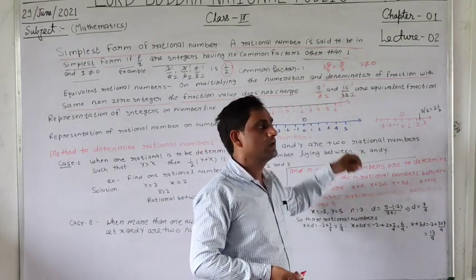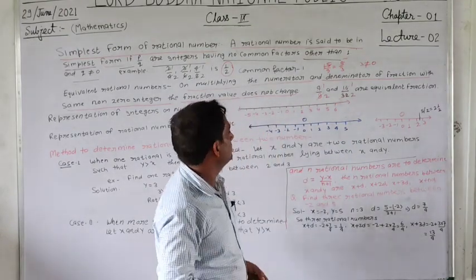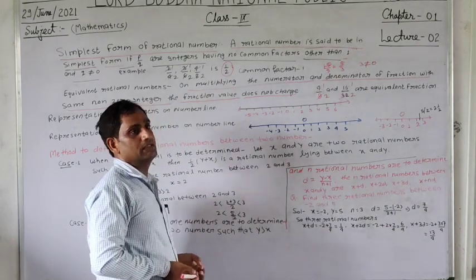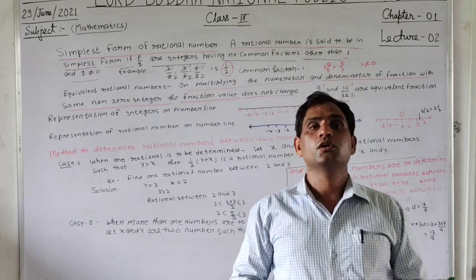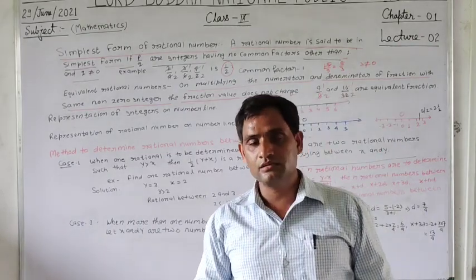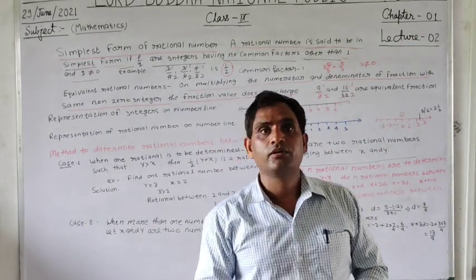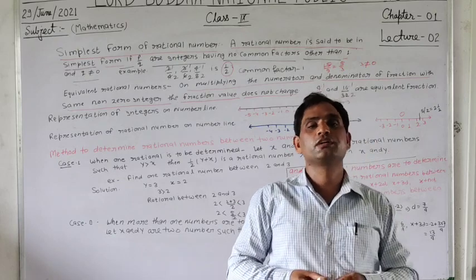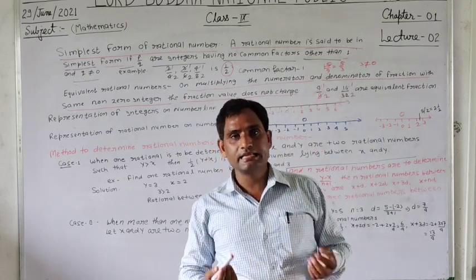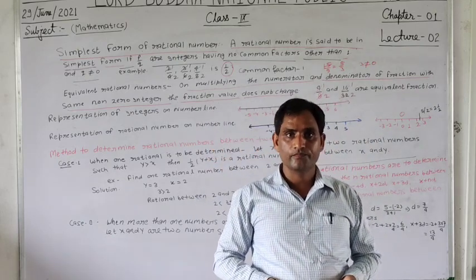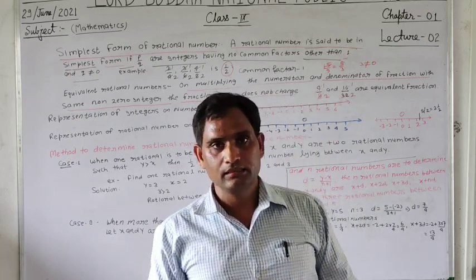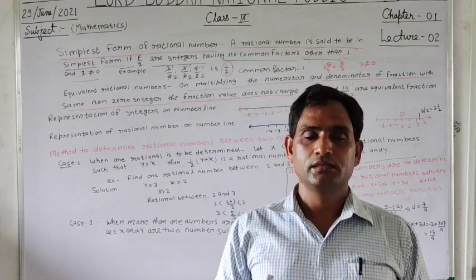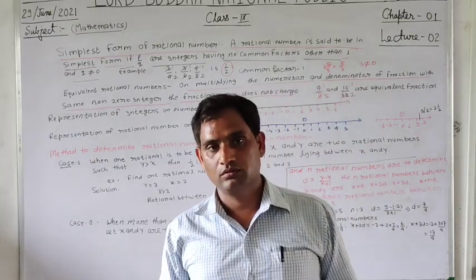Is it clear? Now, we will see how to represent integers on the number line. To represent a given integer on the number line, first of all, we draw a straight line which is endless on both sides. Mark a point O on this line and it is assumed to be 0.